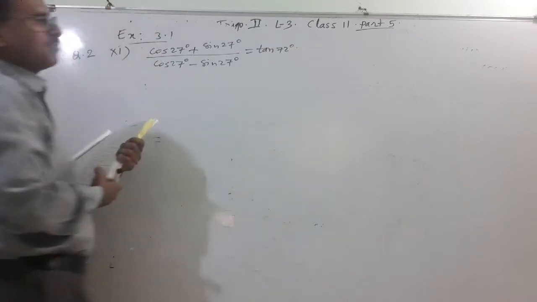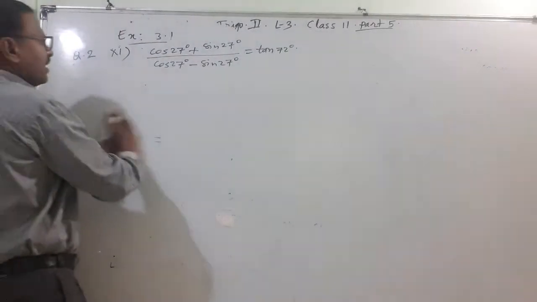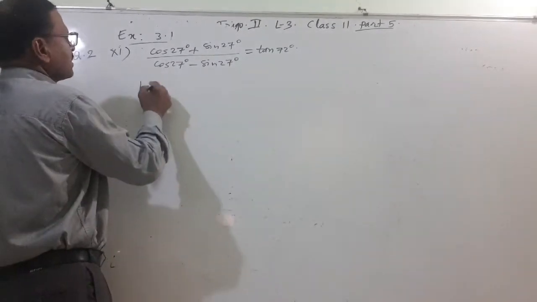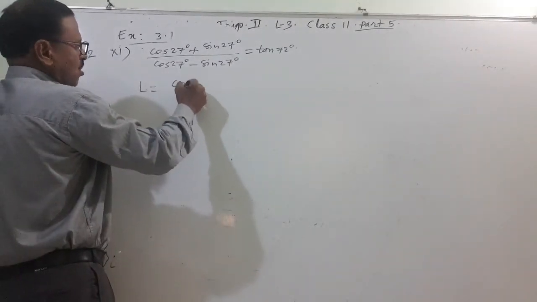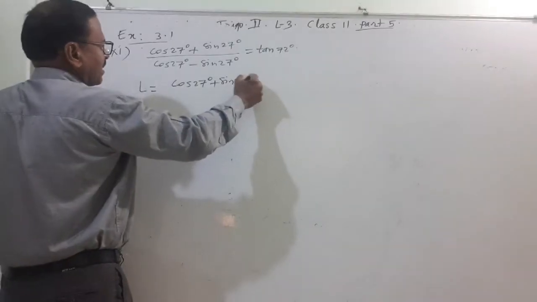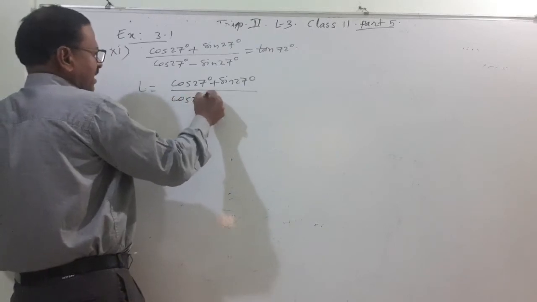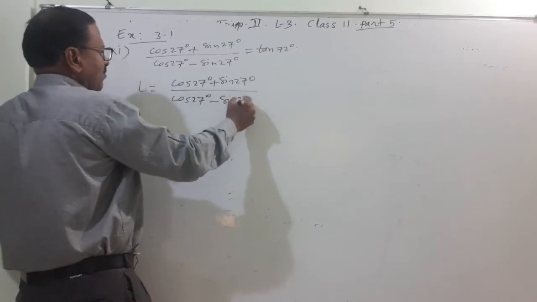That we have to prove. So I will take LHS: cos of 27 degree plus sine of 27 degree upon cos of 27 degree minus sine of 27 degree.